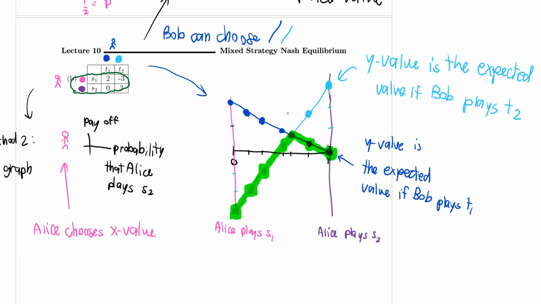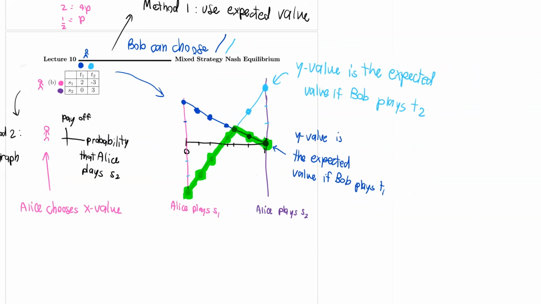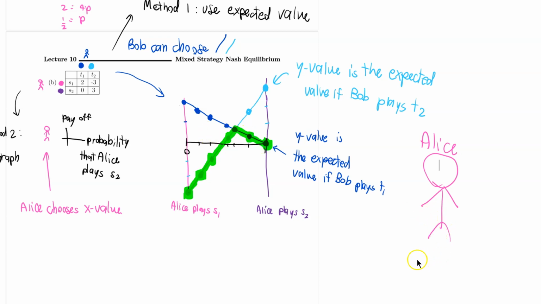Now, let us put ourselves in Alice's shoes. Okay, so let's take a look at this green highlight. So now let's put ourselves in Alice's shoes. And she looked at this blue, not blue, the green highlight.